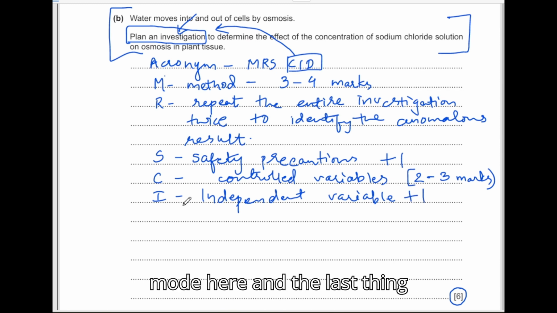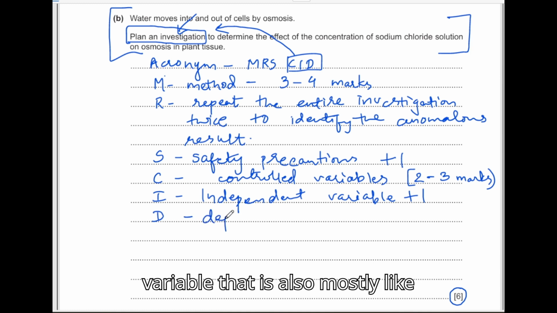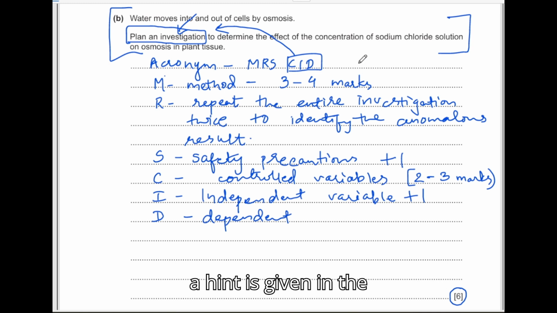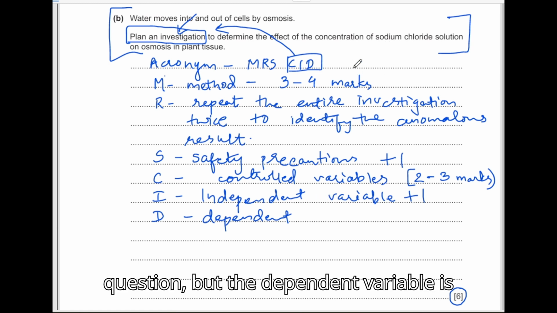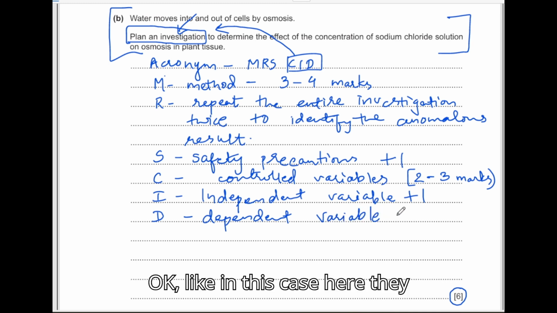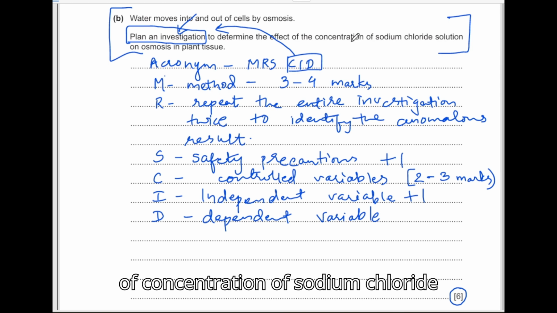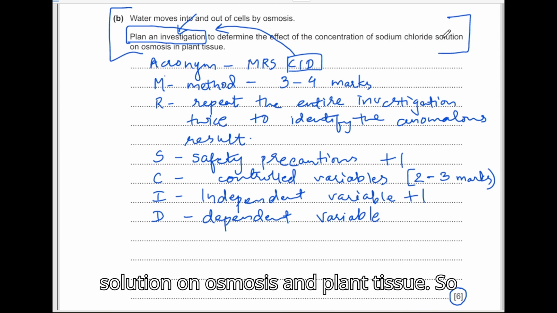And the last thing is D, which stands for dependent variable. That is also mostly given as a hint in the question, but the dependent variable is something that you record or measure. Like in this case, they have asked you to determine the effect of concentration of sodium chloride solution on osmosis in plant tissue.